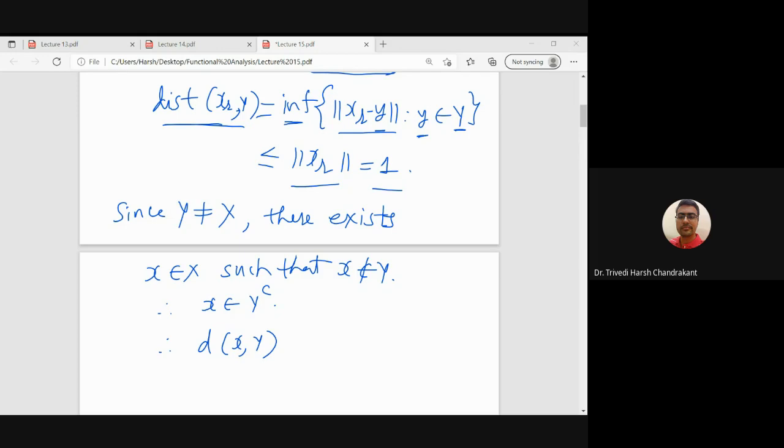We studied some properties of distance in terms of Y being closed.